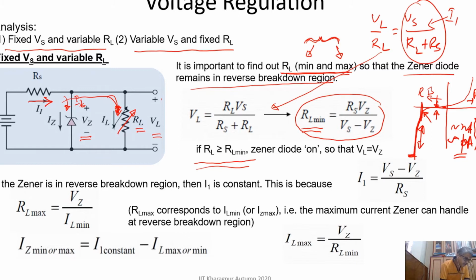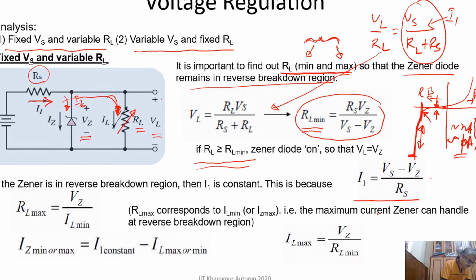You see, I1 is basically constant. I1 is the main current. We can write I1 equal to Vs minus VZ over Rs. Vs is the main voltage source and VZ is the voltage across the Zener. So I1 is the difference of these two voltages over Rs, and all these terms are constant, so I1 is basically constant.